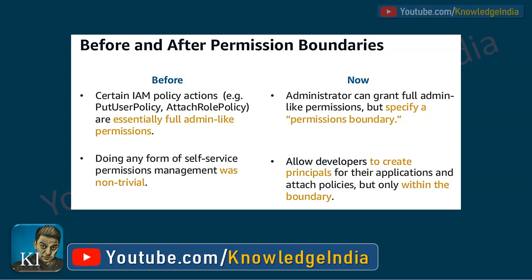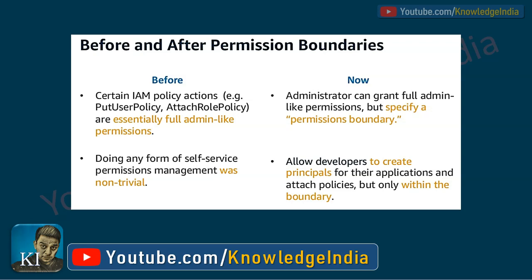With permissions boundary, what happens? This particular person, the delegated admin, can go ahead and create a new user, but you can enforce that whenever a new user is getting created, that user should have a permissions boundary attached. You may even write the policies in such a manner that if this delegated user doesn't attach a permissions boundary, the user creation itself would fail.